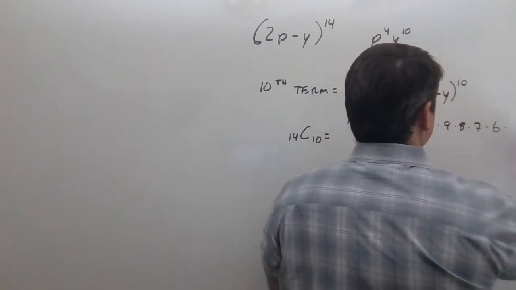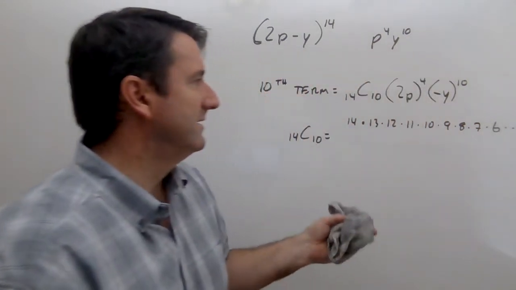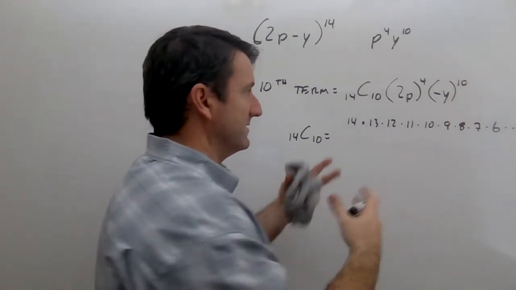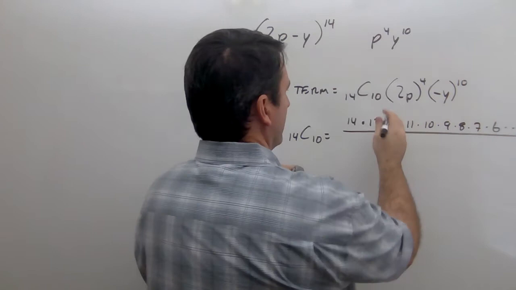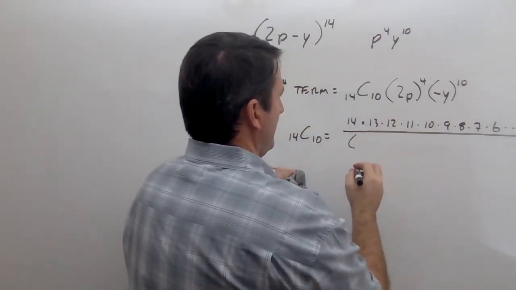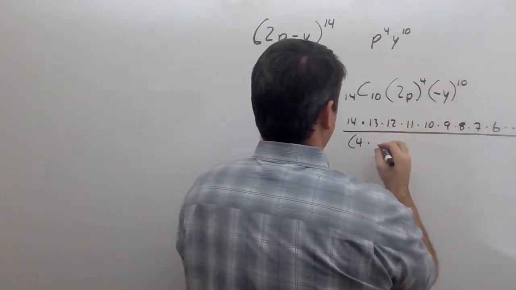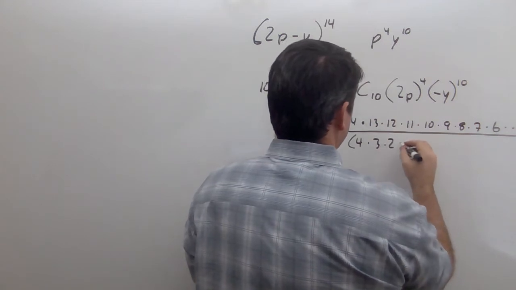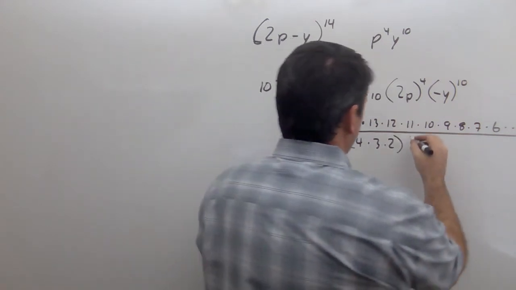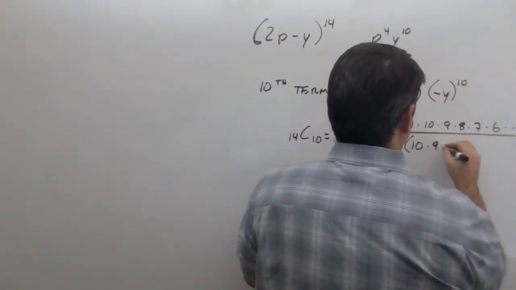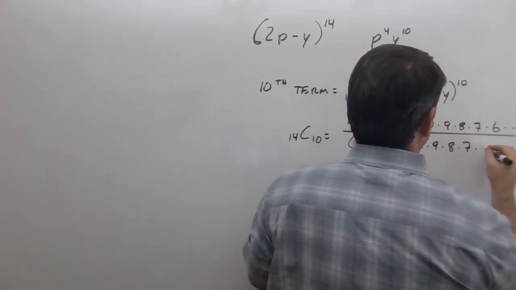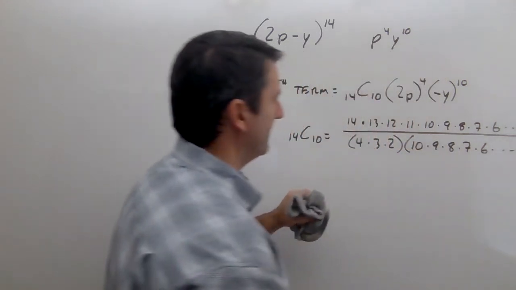You get the idea. It goes down to 1, or to 2 really, because multiplying by 1 doesn't change anything. Over 4 factorial, which is 4 times 3 times 2 times 1, times 10 factorial, which is 10 times 9 times 8 times 7 times 6 times all the way down.